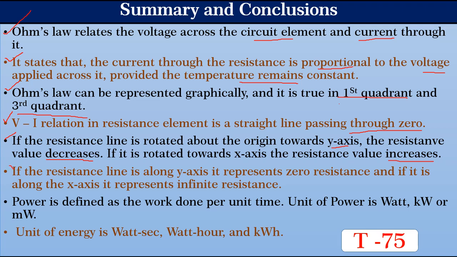If the resistance line is along the y-axis, it represents zero resistance, and if it is along the x-axis, it represents infinite resistance. The power is defined as work done per unit time, and the unit of power is watt, kilowatt, or milliwatt. The unit of energy is watt second, watt hour, and kilowatt hour.